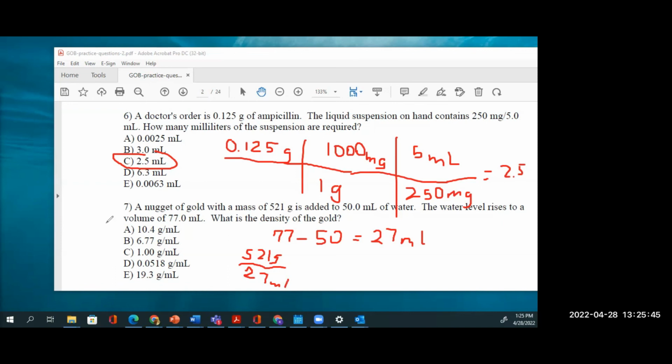So what they typically like to do is give you a graduated cylinder that has a volume initially starting out, and then they'll show another graduated cylinder where the level moved up. What did you guys get for the value? 6.77.